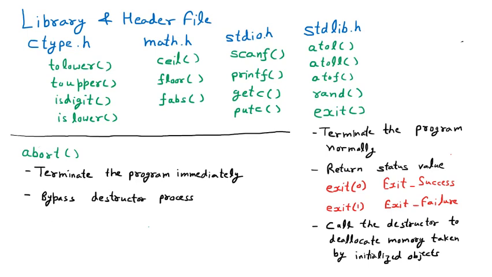Normally you write abort anywhere and the program will exit from there, and whatever memory is allocated will not be destroyed.